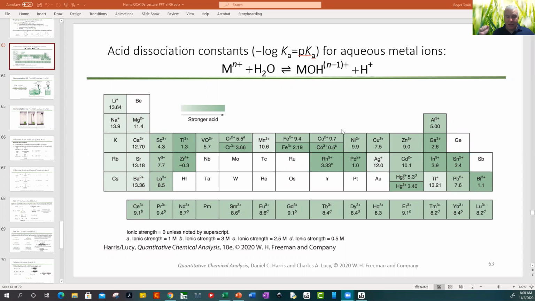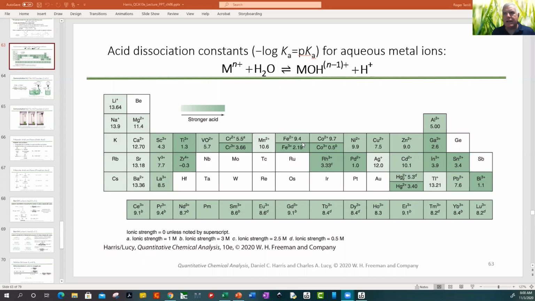So let us get along with things, and I want to review something, which is that metal ions can be decent acids. Mn plus. Iron 3 is a strong acid, iron 2 is not. Look at these numbers next to the metal ion, and they give you a value.